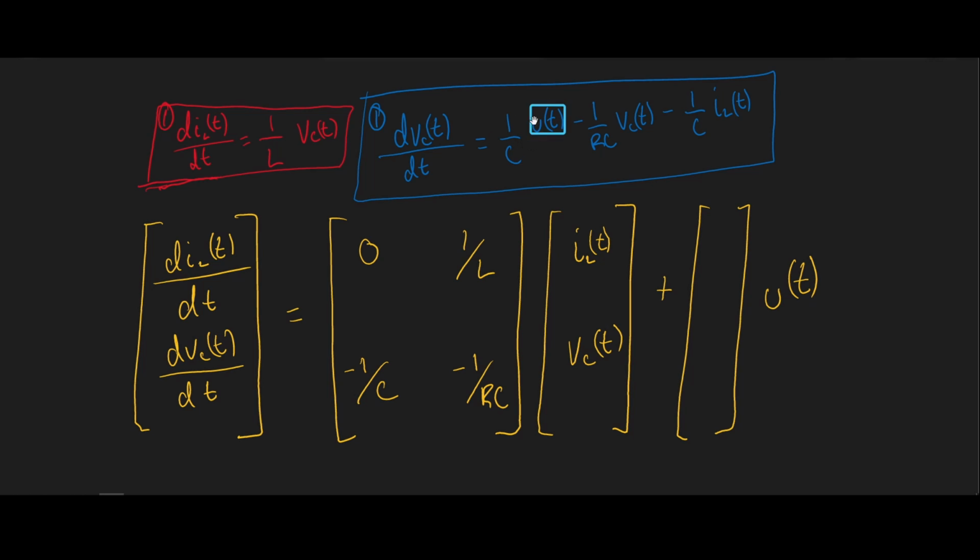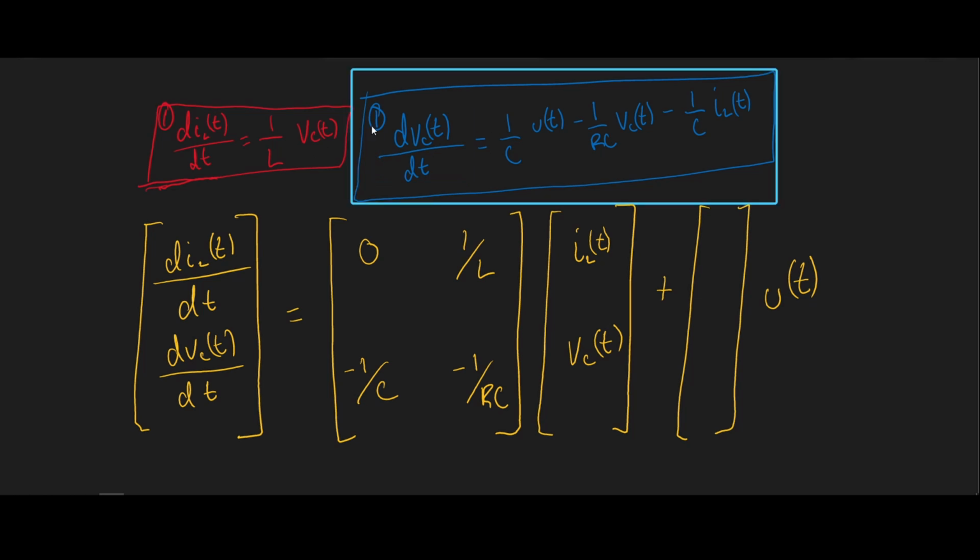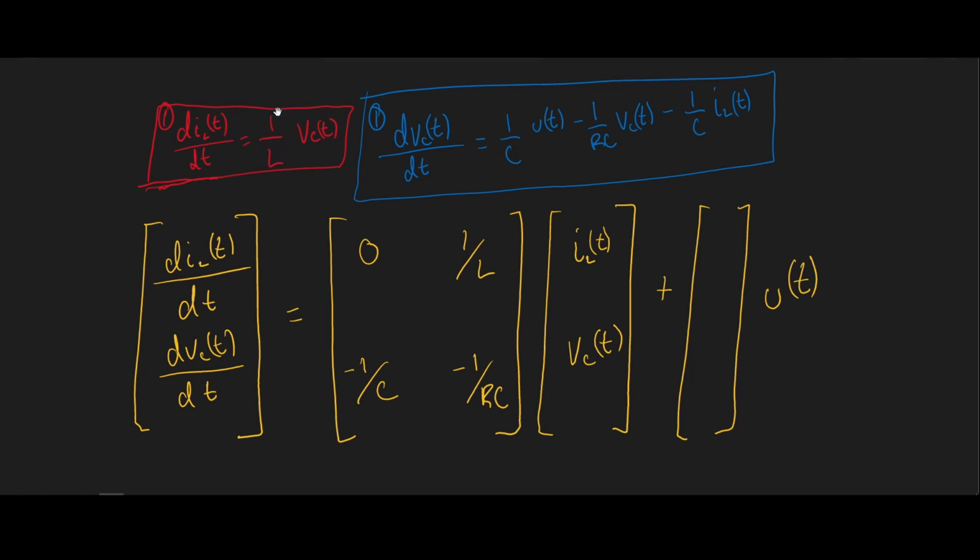And we have the input being multiplied by 1 over C, but because there is no input component in the derivative of the current through the inductor, the first row is 0, and we have it in the dV/dt, so we're going to put that in the second row here, which is going to be 1 over C. Okay, we have found A and we have found B. Those are taken care of.